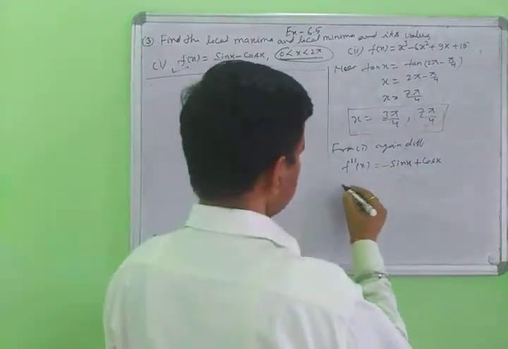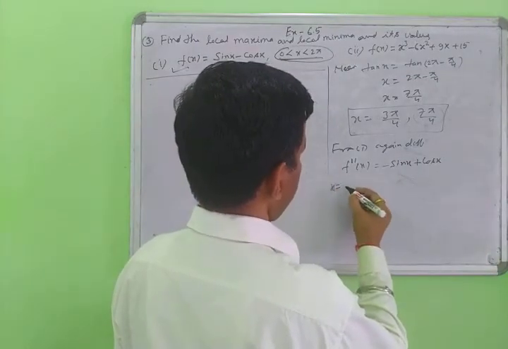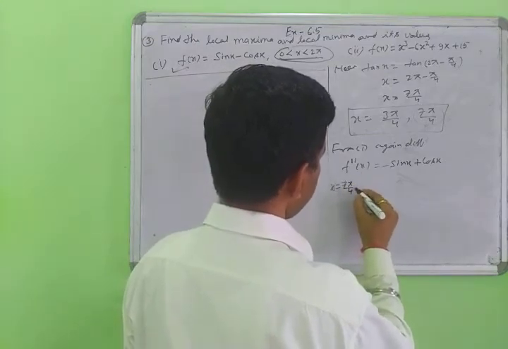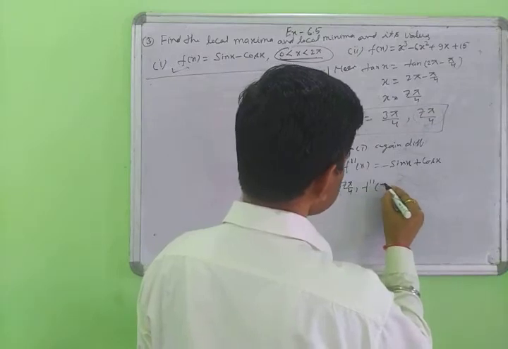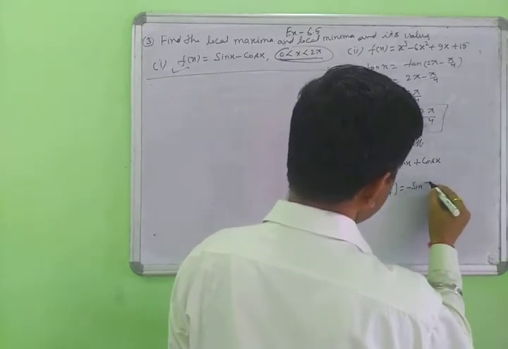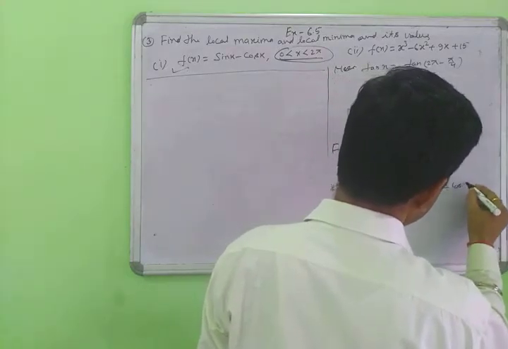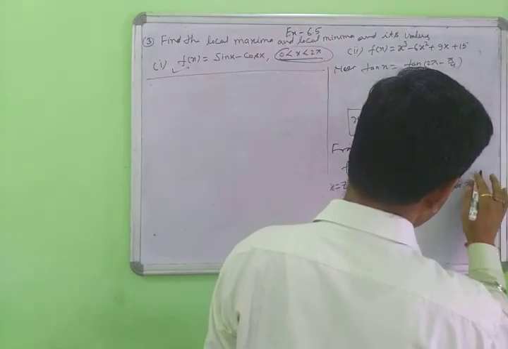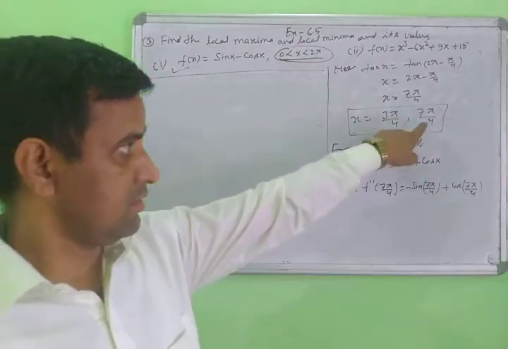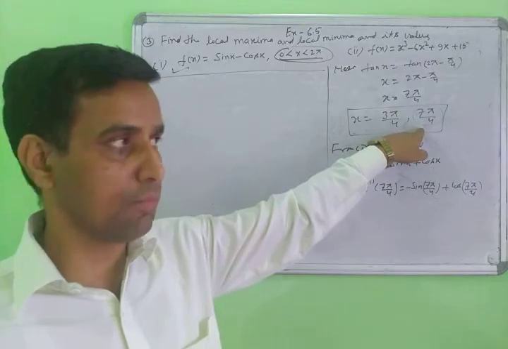Now when x equals 7π/4, f double dash at 7π/4 equals minus sin 7π/4 plus cos 7π/4. This is the second derivative test for checking if this point is minima or maxima.